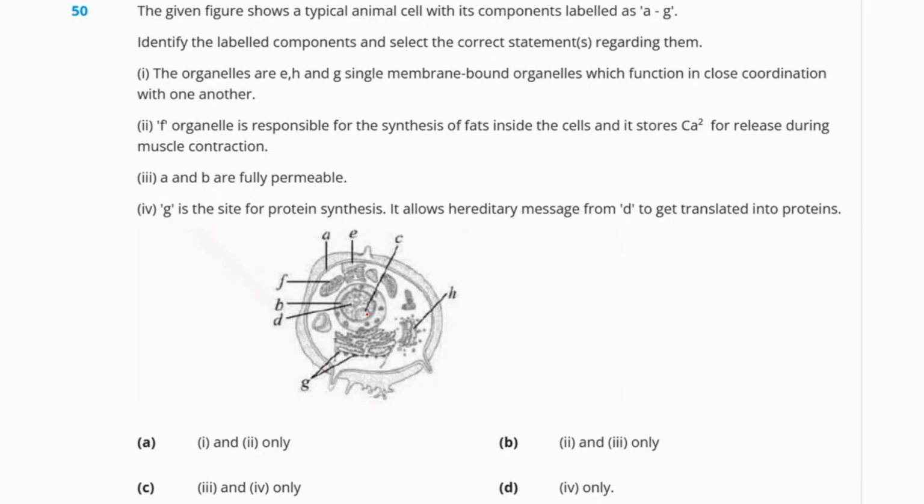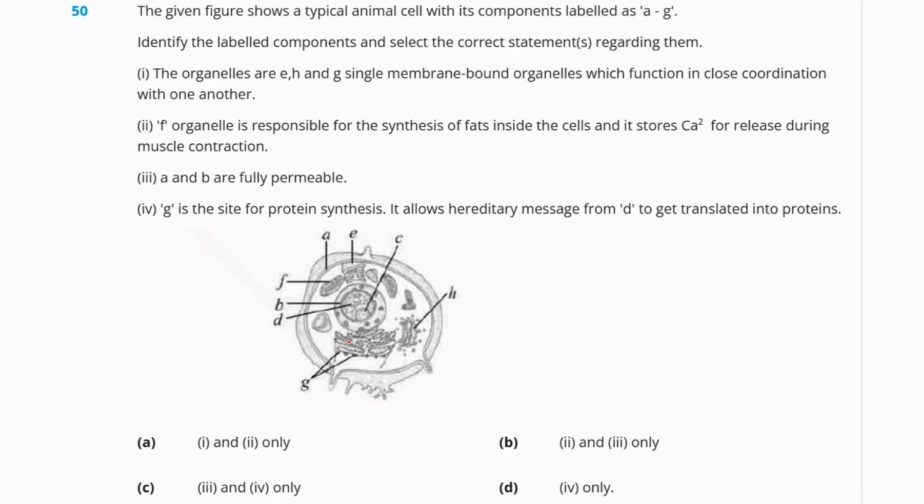C is the centriole. D is the chromatin. E is the nuclear envelope, I guess. Nuclear membrane.